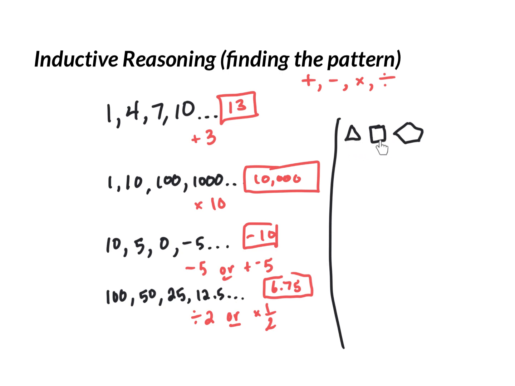This is a quadrilateral, it has 4 sides. I meant this to be a pentagon with 5 sides. So what are you doing every time? Well, you're adding a side. So what would be next? Well, it would be a hexagon, like that, with 6 sides.